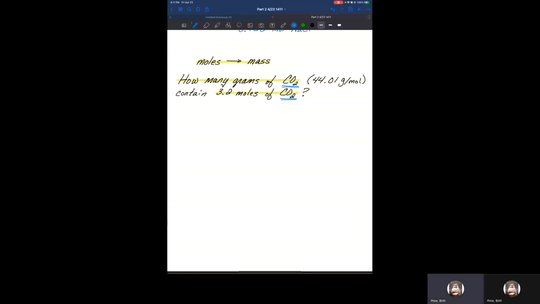The other piece in this expression has units gram per mole. Sometimes you'll see it addressed as the formula weight.